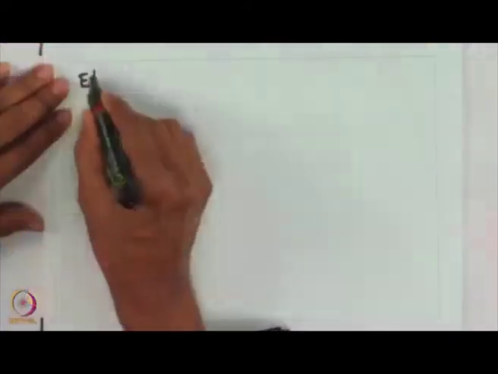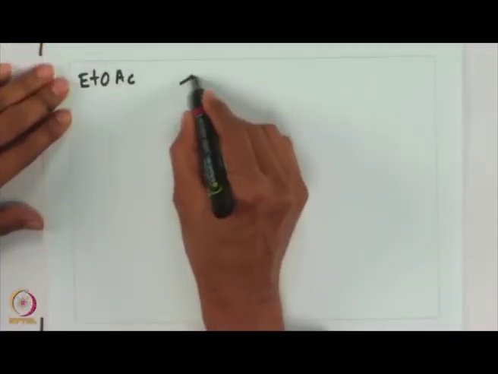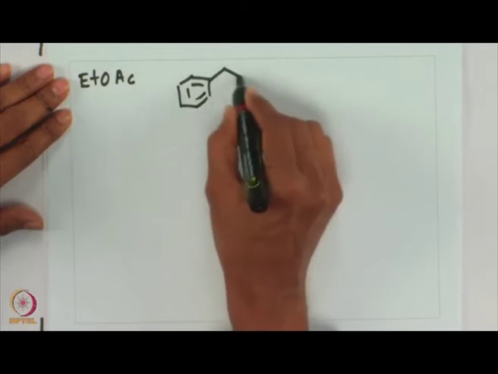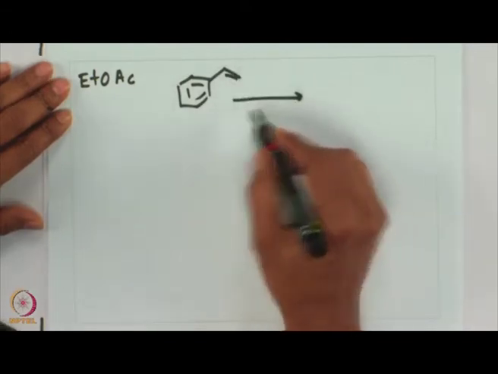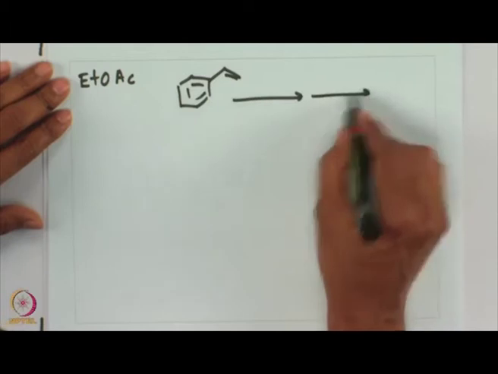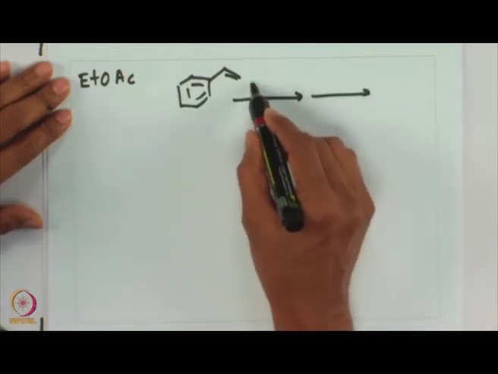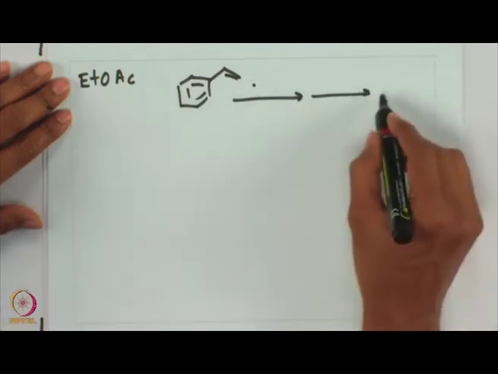Let us look at the styrene example, where we will see that styrene is participating in these reactions. We will be discussing the example with styrene and ethyl acetate. Ethyl acetate is reacting with styrene, and of course the reaction conditions are similar to what we have discussed: ethyl magnesium bromide, titanium isopropoxide, 10 mole%.